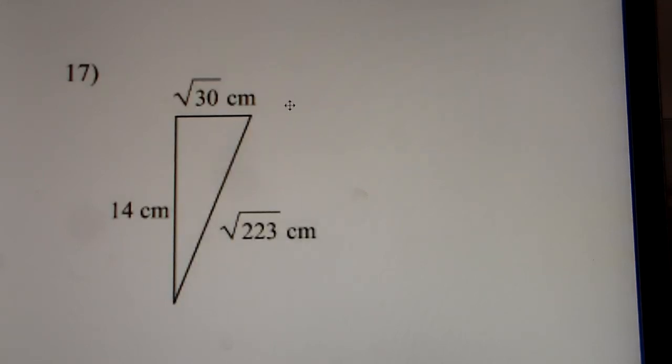Next up is number 17. The biggest number of these three is the square root of 223. So that guy's going all by itself. We're going to do the same thing that we just did for the past three problems.